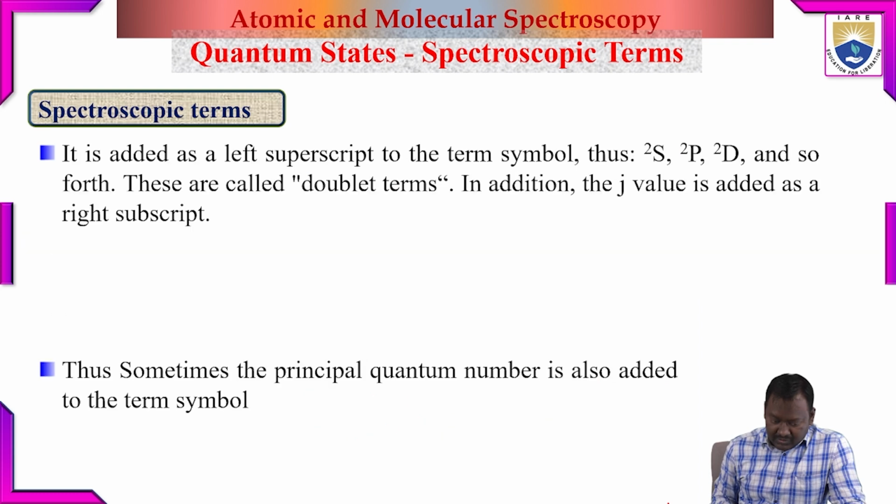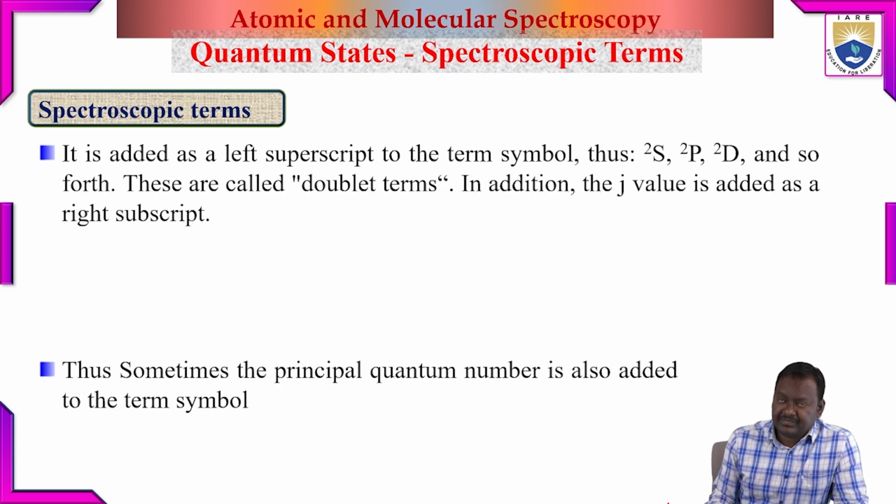Now, in general we should write multiplicity as a superscript on the left side of the term. If it is S, we should write it like this.